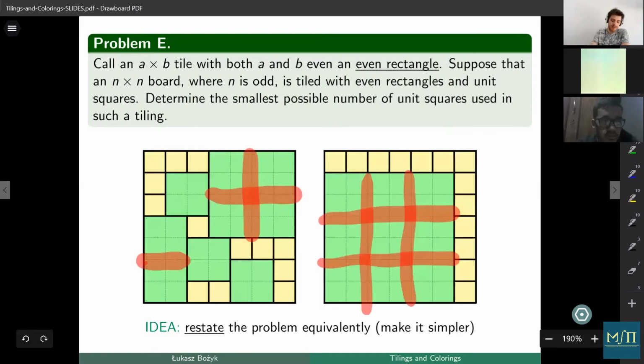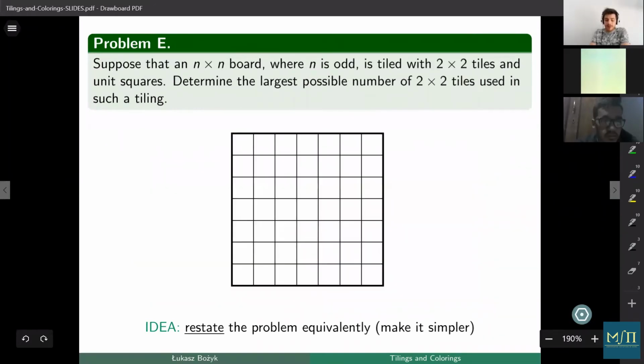And in order to have as small a number of yellow squares as possible, it's enough to have as large a green area as possible. So our problem boils down to estimating the total number of 2 by 2 tiles from above. What is the maximum number of 2 by 2 tiles used in a covering of an odd side length square?